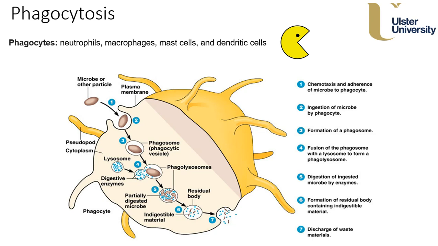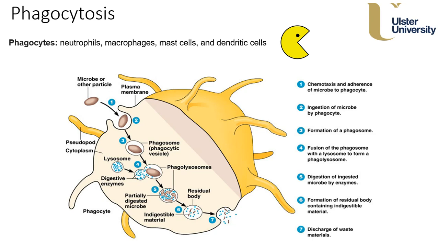The phagosome fuses with an endosome, which has some proton pumps. These proton pumps enable the phagosome to become acidified, and this is an important feature because in order for the enzymes to become active in the phagosome, it must reach a low pH.